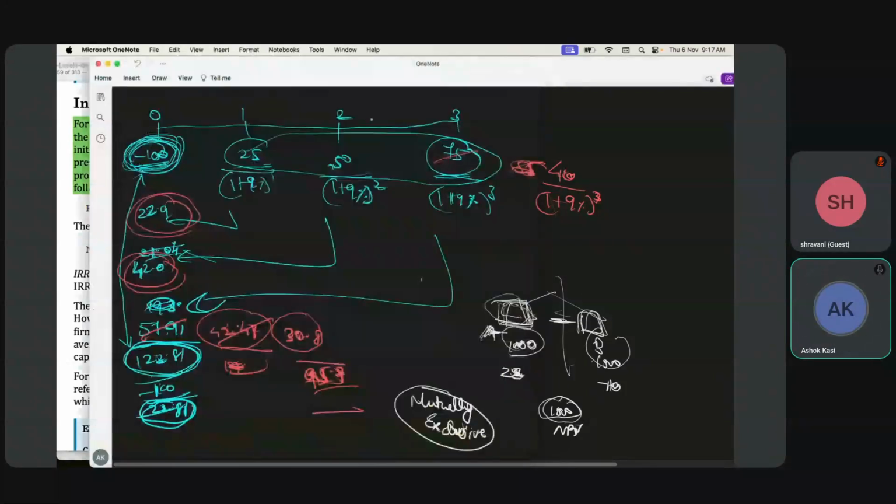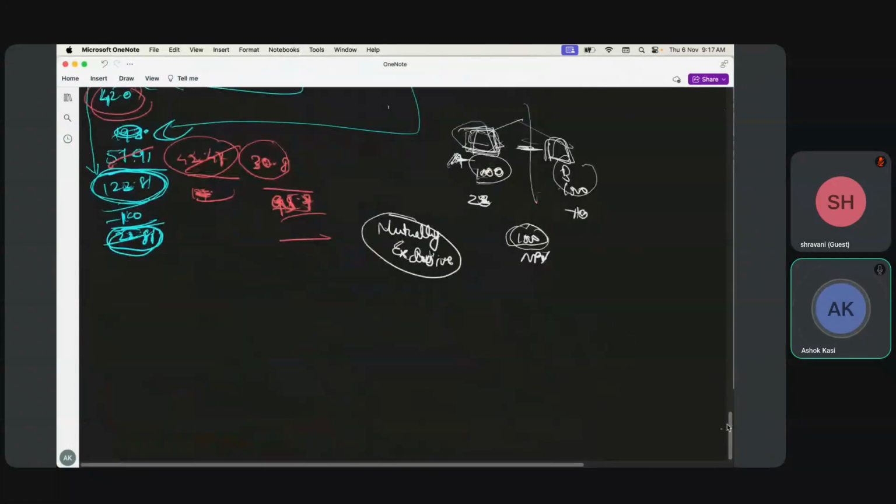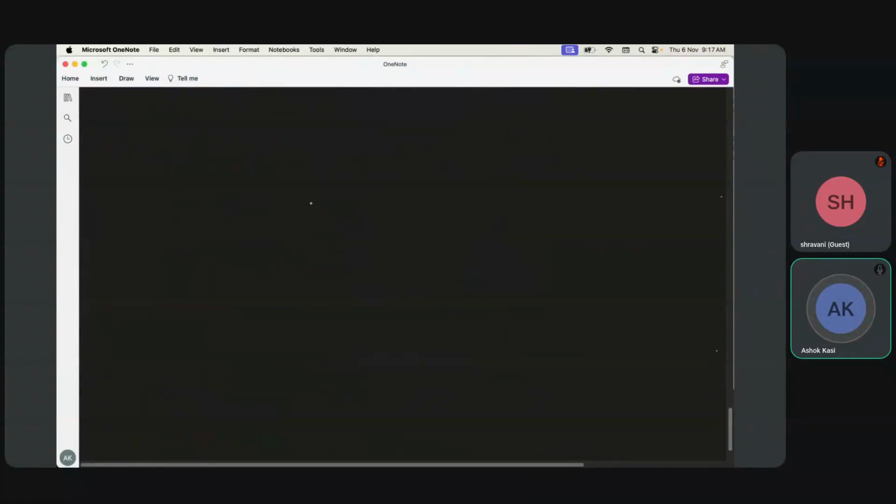Now IRR. So you are spending 100 rupees. What you will get is, or the way I wrote before, say 0, 1, 2, 3: minus 100, 25, 50, 75.